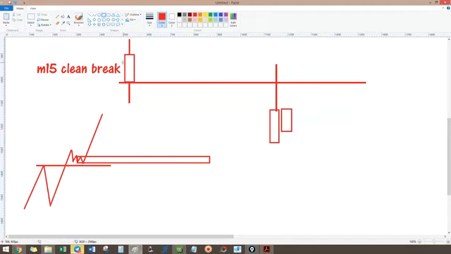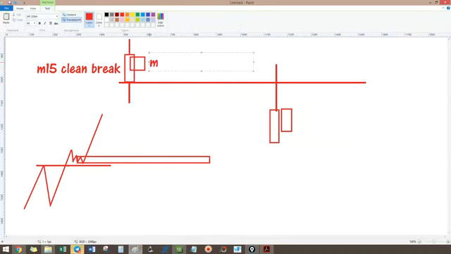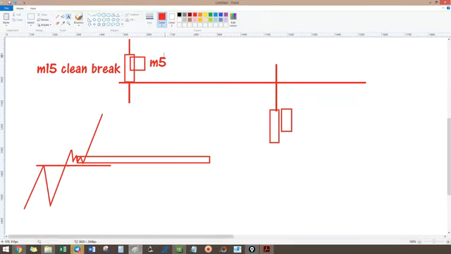But if you top down over here in M5, for example, you have something like this. I will draw something like this.